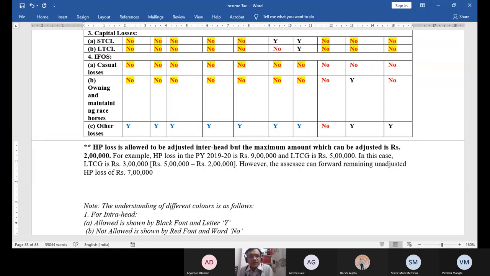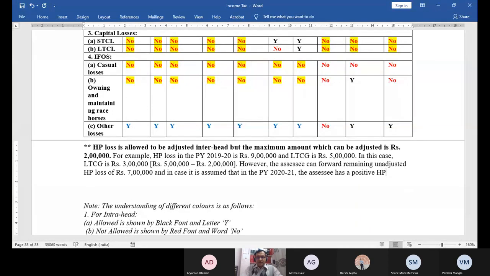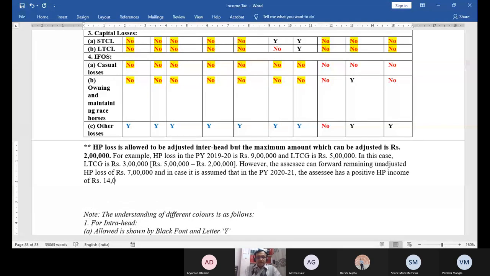I can carry forward the remaining unadjusted HP loss of 7 lakh, and assume that in the next year 2020-21, the assessee has a positive HP income of rupees 13 lakh.